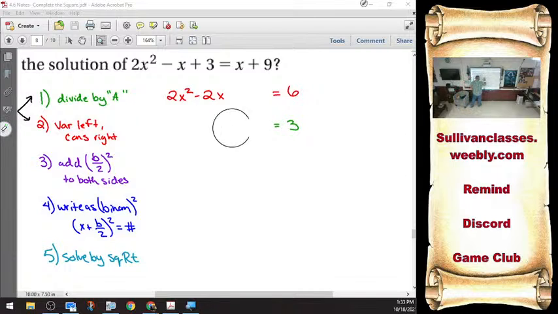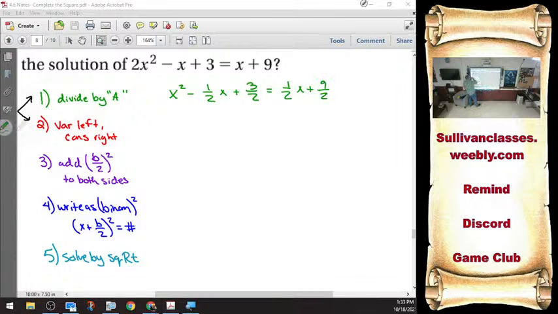What if I had left my order? What if I had divided by 2 right now? I'd say x squared minus 1/2 x plus 3 halves is 1/2 x plus 9 halves.